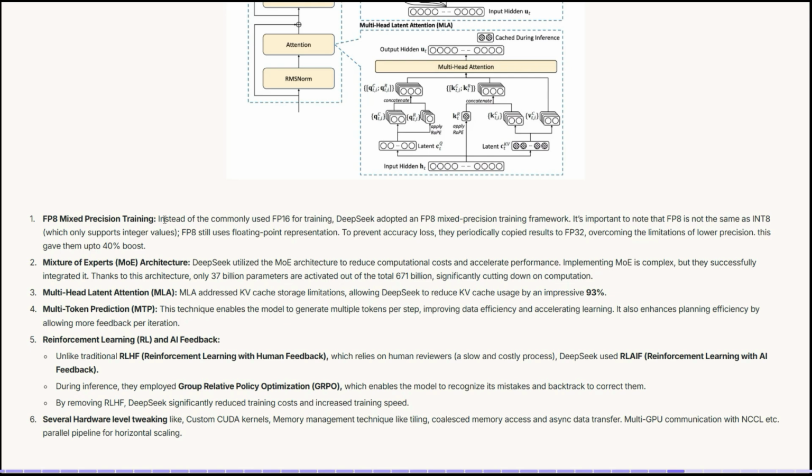Unlike traditional RLHF, reinforcement learning with human feedback, which relies on human reviewers, a slow and costly process, DeepSeek used RLAIF, reinforcement learning with AI feedback. During inference, they employed group relative policy optimization, which enables the model to recognize its mistakes and backtrack to correct them. By removing RLHF, DeepSeek significantly reduced training costs and increased training speed.